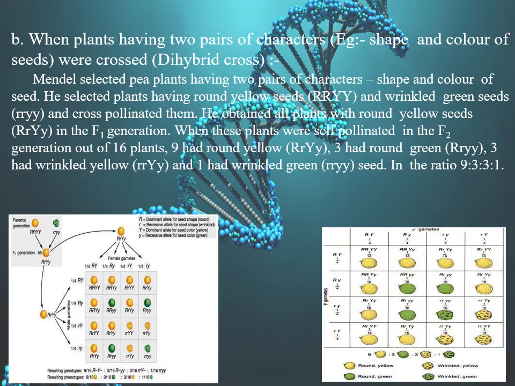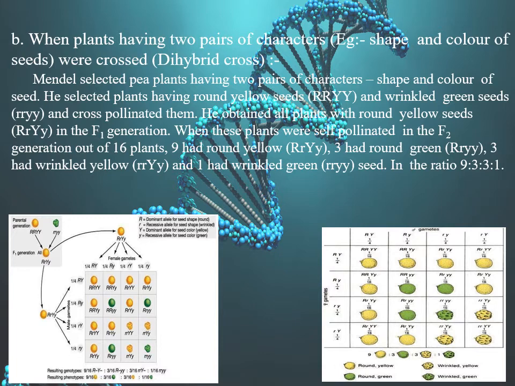Next, he didn't stop with the monohybrid cross. He thought different characters are present. So he chose two pairs of characters for his next experiment. These two characters, for example shape and color of seeds, were crossed, and that is a dihybrid cross.